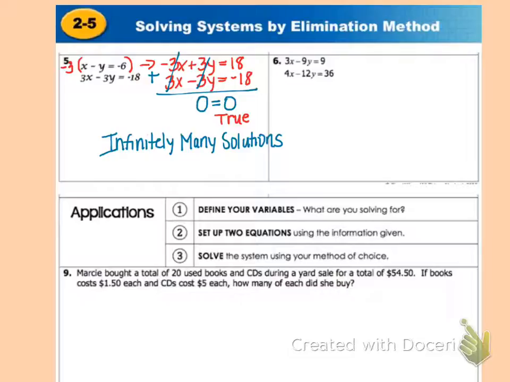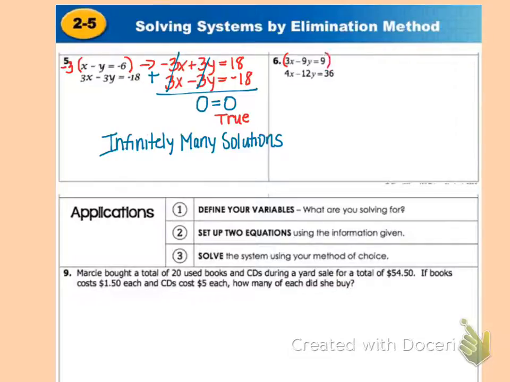There's nothing I could multiply just one of the equations by, at least no integer, so that they were exact opposites or the same. And so I'm going to target both equations. I'm going to multiply both equations by something. When I think about 3 and 4, the least common multiple of 3 and 4 is actually 12. So I'm going to try to get one to be 12 and one to be -12.